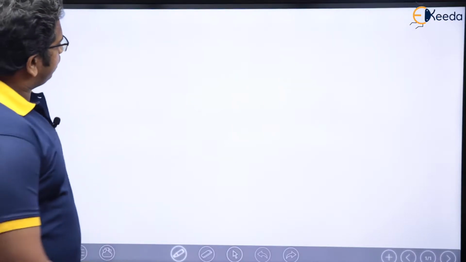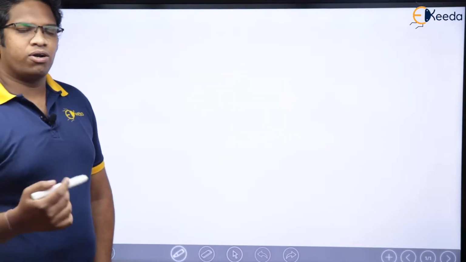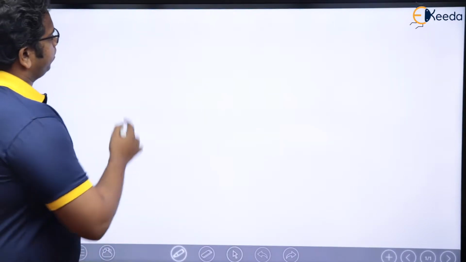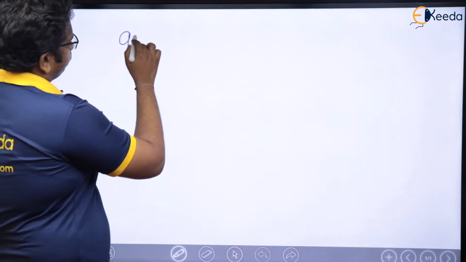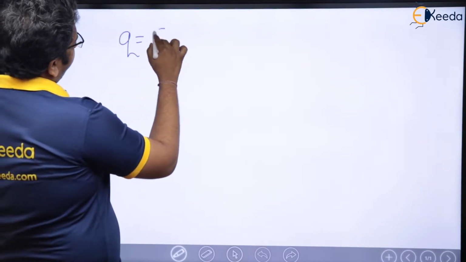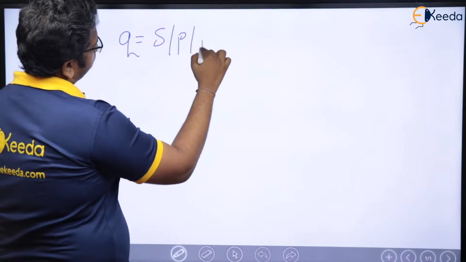Speaking about integral slotting, just don't think about it too much. Tell me, what is Q? Q is slots available for distribution and it is given by slots per pole per phase.